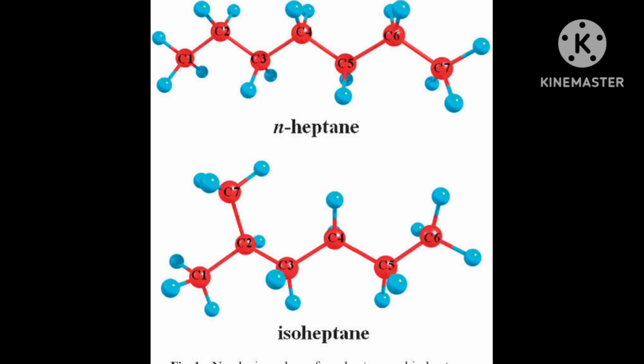It is called isooctane, and its name is 2,2,4 trimethyl pentane. 2,2,4 tells about the carbon numbers: carbon number 2, carbon number 3, carbon number 4.